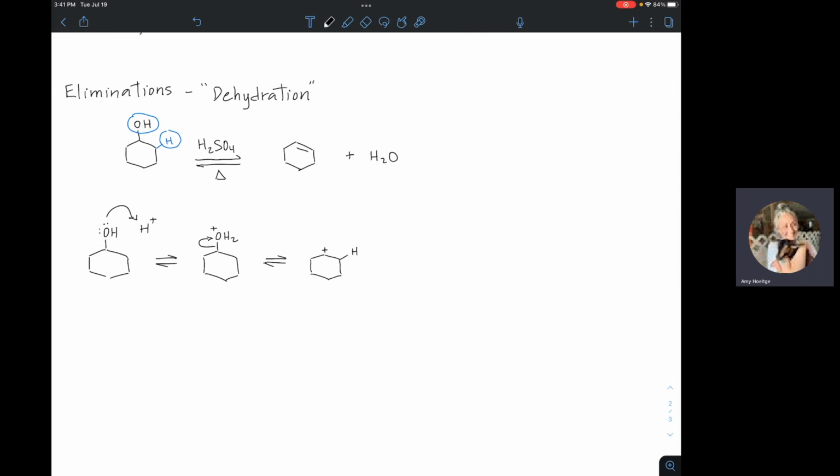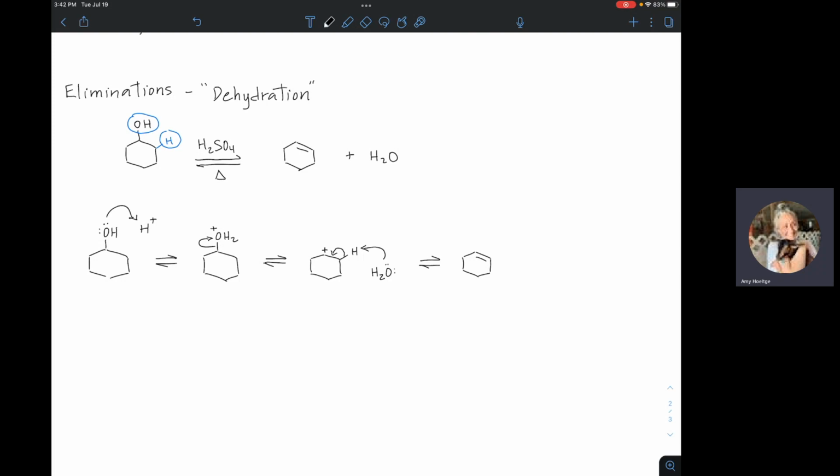Either water comes in or the conjugate base of your acid catalyst, some kind of a source of electrons, will come in and take that hydrogen away, and these electrons will come down and quench that positive charge. And what you get is your alkene. You'll also get your acid catalyst back again.